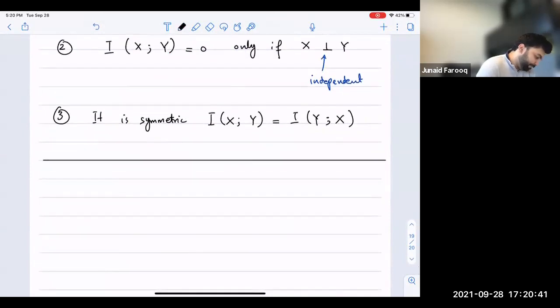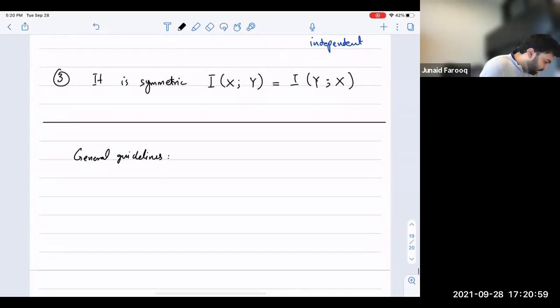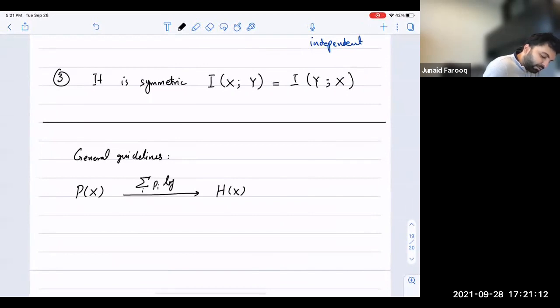So in general, if you have any distribution P of X, you can immediately find the H of X, because you have the summation over i, Pi log 1 over Pi.